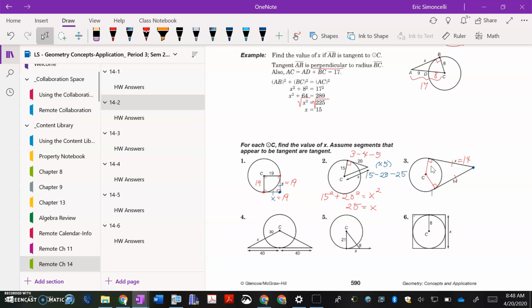Okay, number 4. So similar situation as far as what we're seeing on all questions thus far. So we have radii of 30. I'm going to fill that in. We've also got a tangent point.